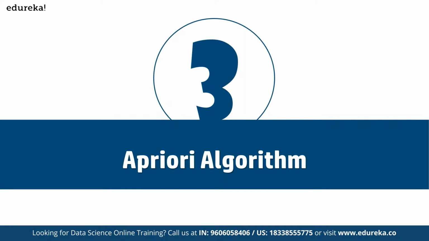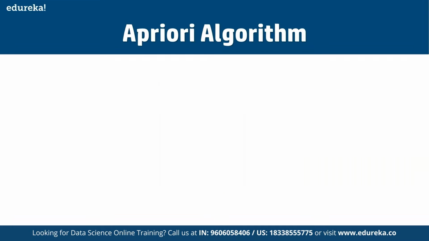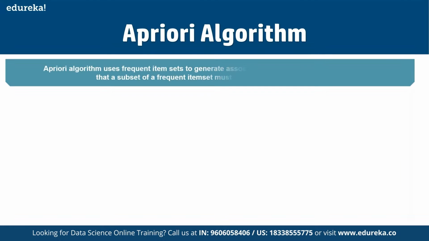All right, so now let's move further on the a priori algorithm part. The a priori algorithm uses frequent item sets to generate the association rules. It is based on the concept that a subset of a frequent item set must also be a frequent item set.